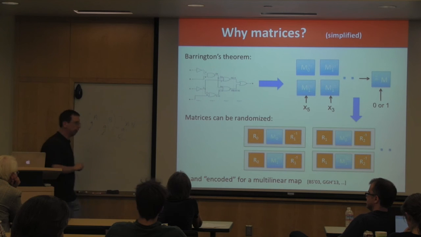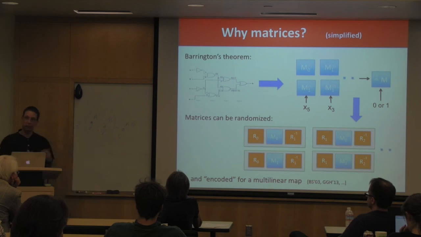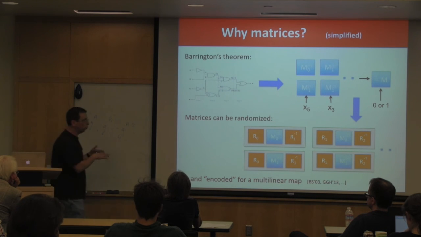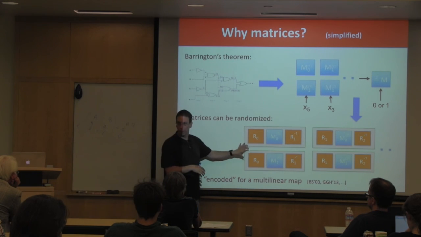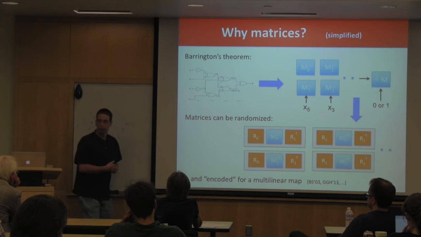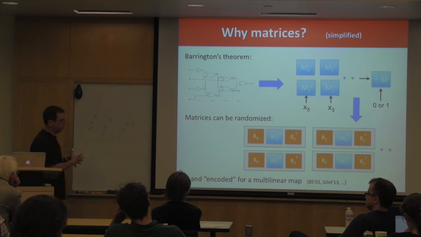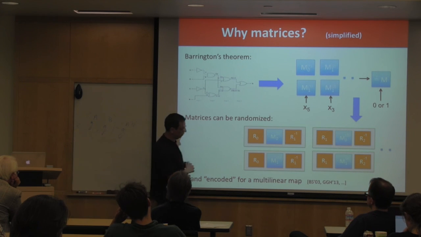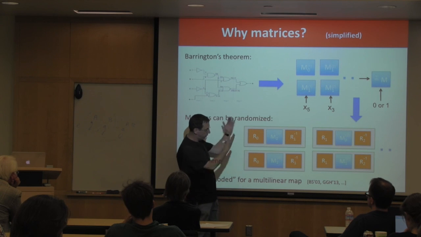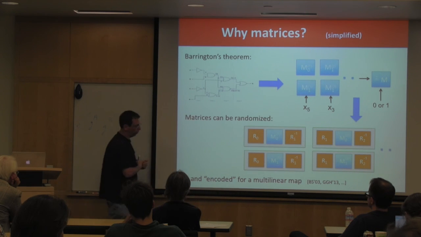Exactly. g to the a itself will tell us what the original matrix is. So g to the R basically makes it impossible to mount the only attack that was possible after the matrices were randomized. At a high level, I just wanted to show you where the multilinear maps are used and what the obfuscated code looks like. It's basically these randomized matrices placed in the exponent of a multilinear map.